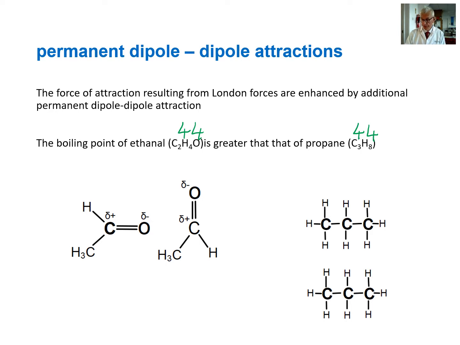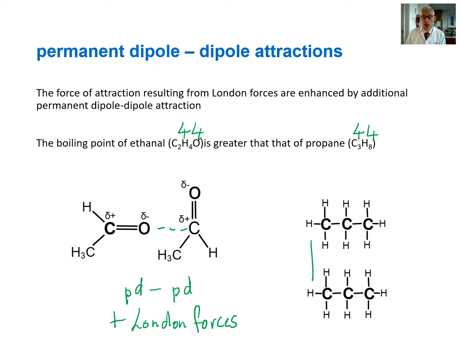So, the permanent dipoles that exist in ethanol result in there being attractions between the delta minus and delta plus elements of that dipole. So, we've got permanent dipole attractions plus London forces between the molecules of ethanol.